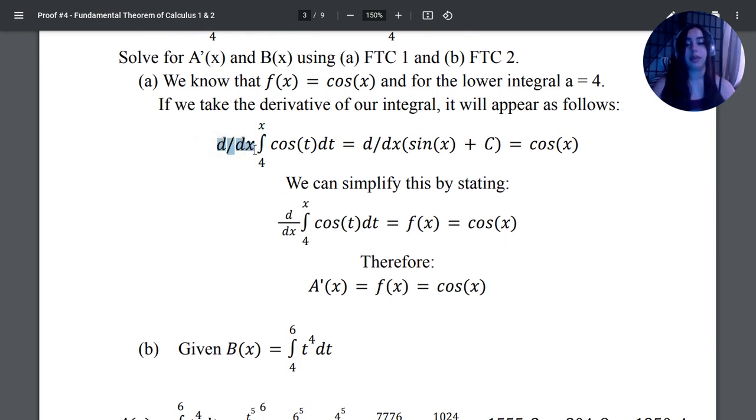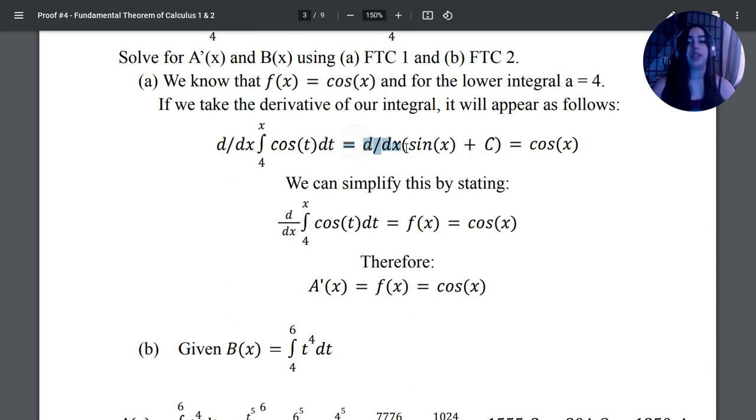So we have our derivative right here, and then the integral as is. If we were to solve for the integral first, we'd be left with sine of x, and we have a constant, which would be negative sine of 4.